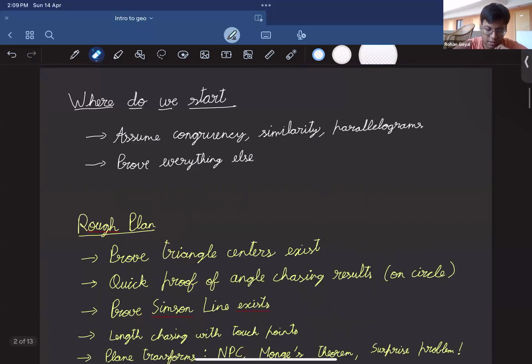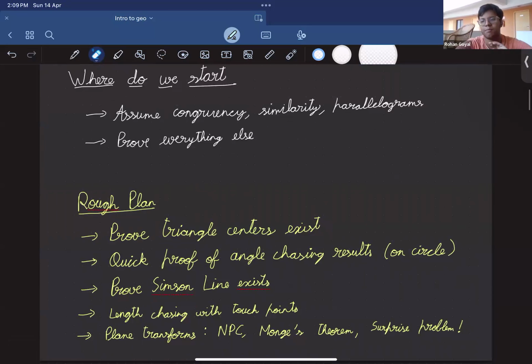Okay. So this is roughly the plan for today. I want to introduce geometry. The attempt is to not assume too much and try to build as much as we can and develop as much intuition as we can on how to think about these problems in geometry. So we'll assume very basic things.